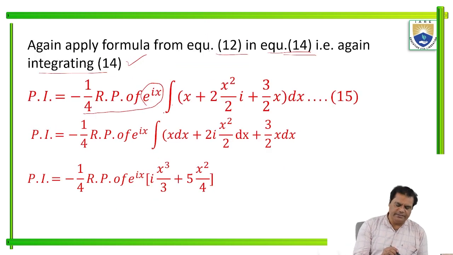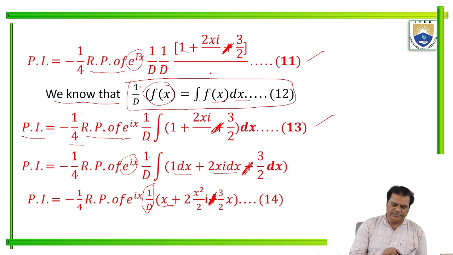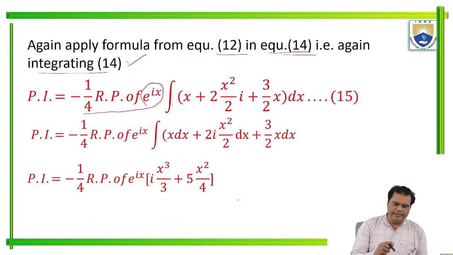So the function here is x, 2 cancels here, x square i, and 3 by 2 x. So x dx, and here 2 cancels, ix square dx and 3 by 2, here is minus sign, 3 by 2 dx here.